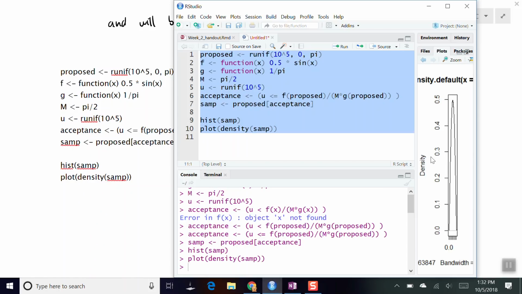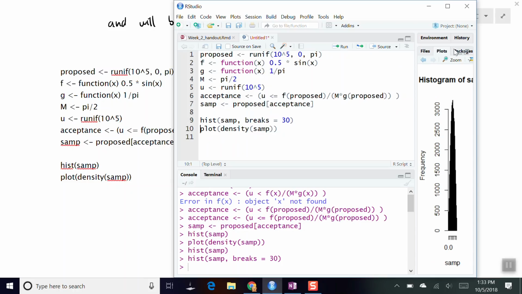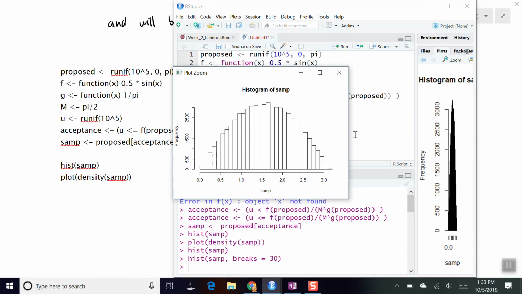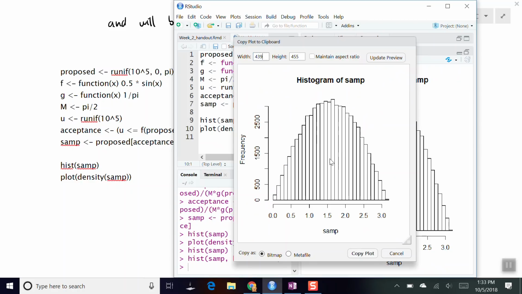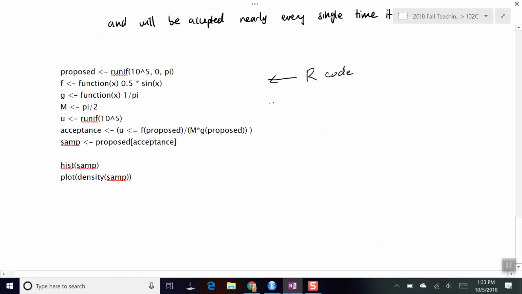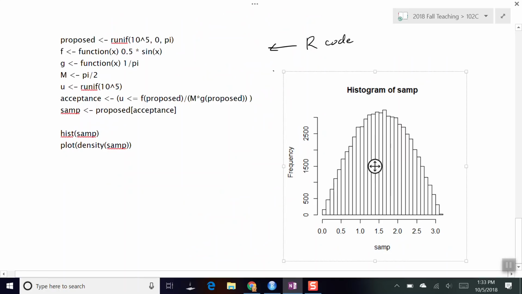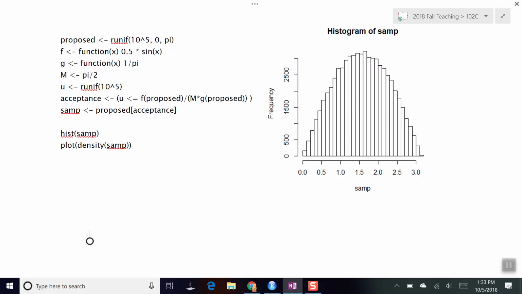I guess I'll include the histogram. Let's copy this. Great. Yeah, that's good. Okay.